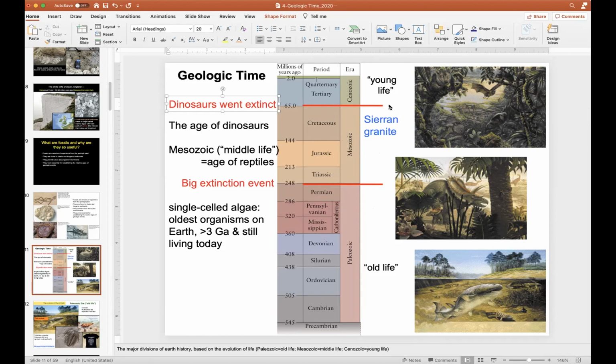So there's evidence, a lot of evidence, and I'm going to show you some of that evidence because I think it's really compelling evidence that it was a really large meteorite that hit basically in the Gulf of Mexico and on the Yucatan Peninsula. And that sent out a lot of debris, probably activated some volcanism, and all of that together changed the environment so much that the dinosaurs could no longer survive.